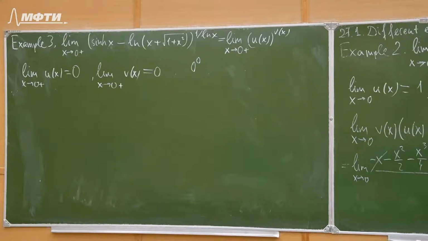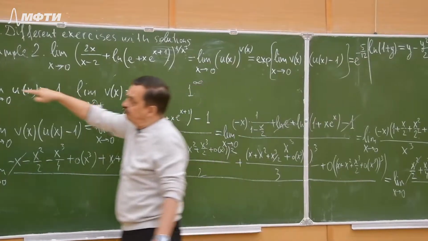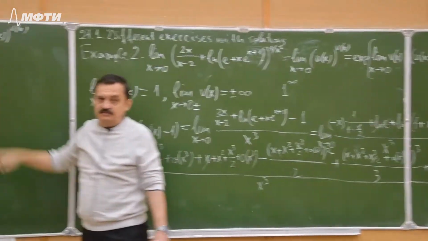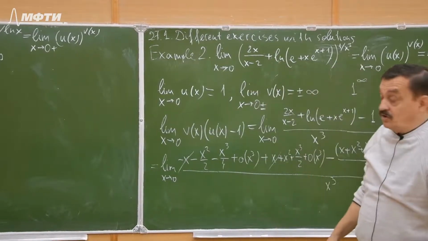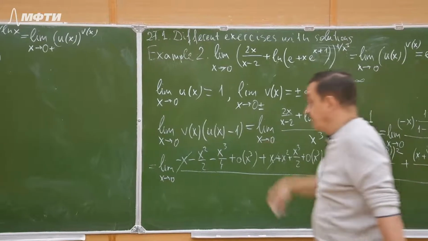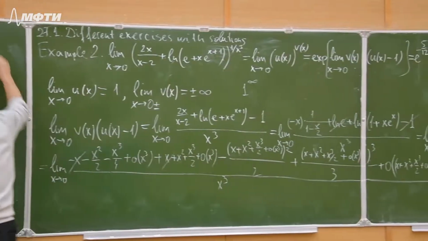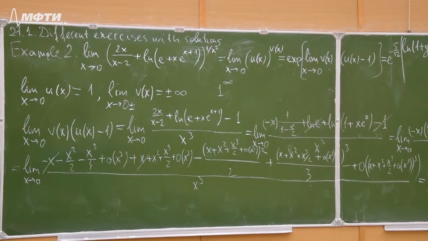And it means we cannot use this rule. So this rule cannot be applied here. It should be wrong. But how we can proceed? We can take exponents in any case.